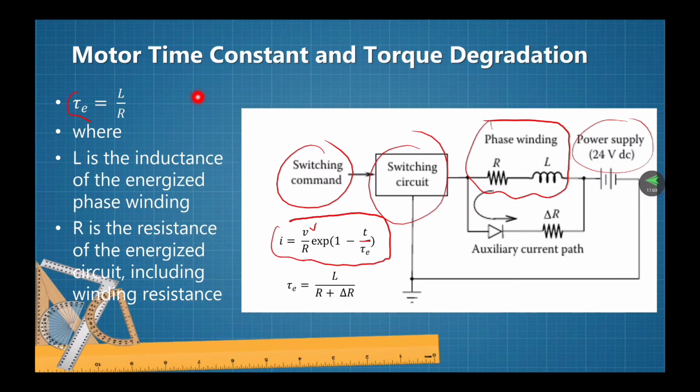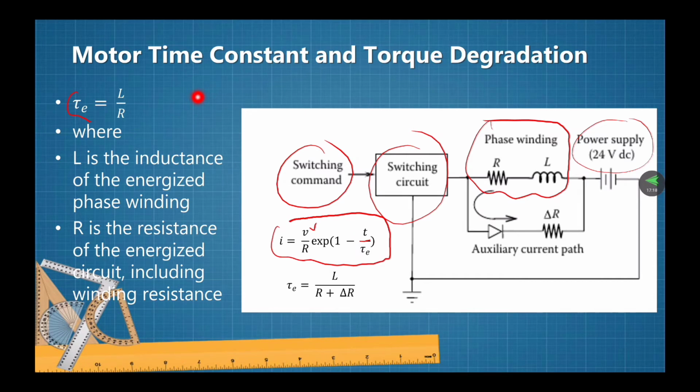The larger the electrical time constant, the slower the current buildup. The driving torque of the motor decreases due to the lower phase current.